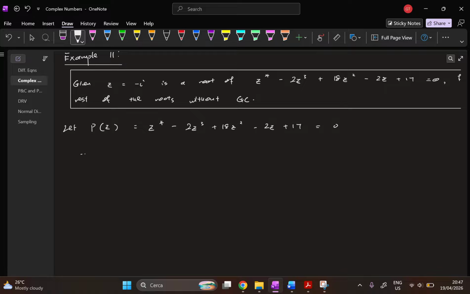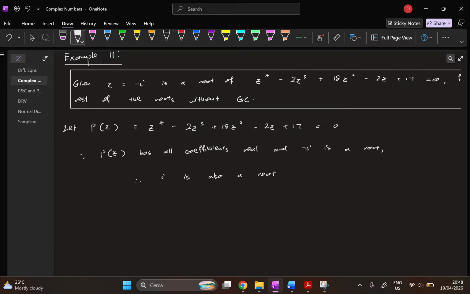Anyway, since P(z), you explicitly need to write, has all coefficients real, and minus i is a root, therefore i is also a root. Some other schools' mark schemes will insist that you explicitly tell the examiner that minus i and i are a conjugate pair, but for Hwa Chong we don't need that, so that's why it's just like this.